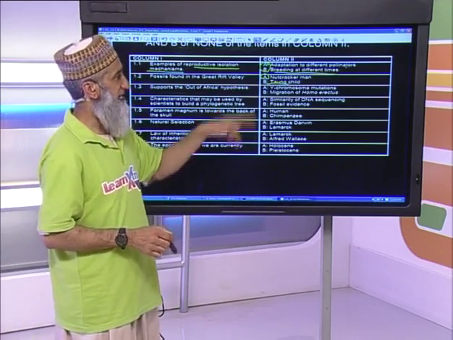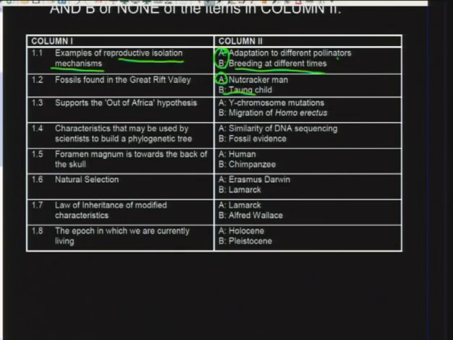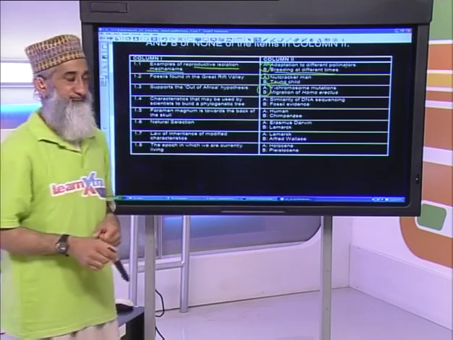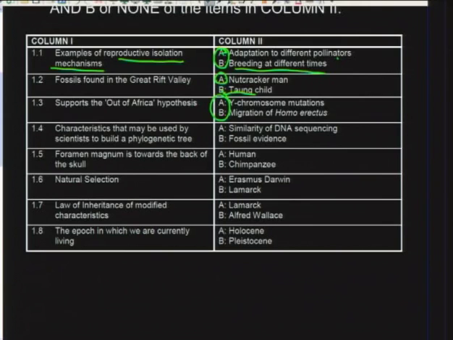So therefore that one is out. It's Nutcracker Man, that's A only. Supports the out of Africa hypothesis, Y chromosome mutations, and migration of Homo erectus. We're going to talk much about that later, so we just go straight to A and B in this case. They both support the out of Africa hypothesis.